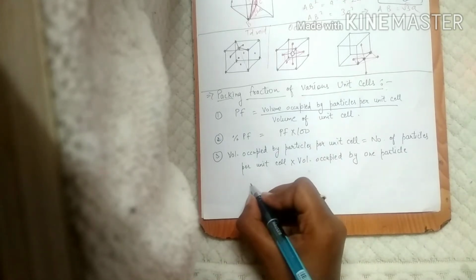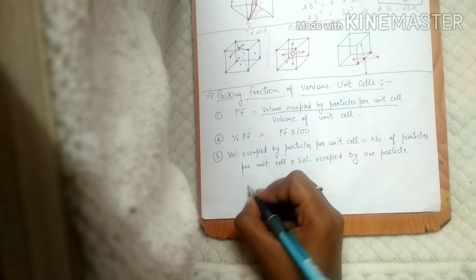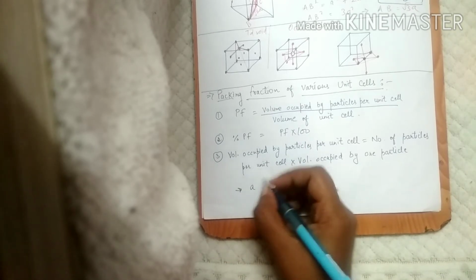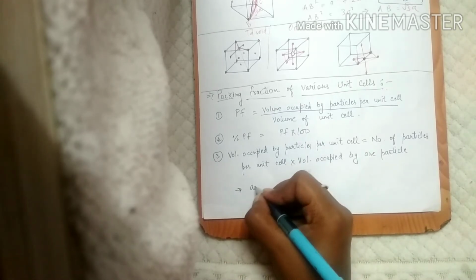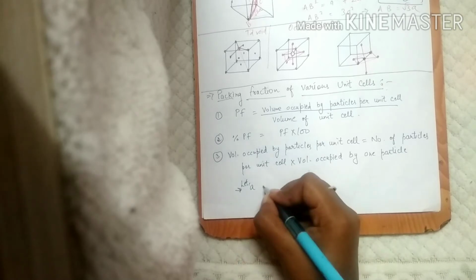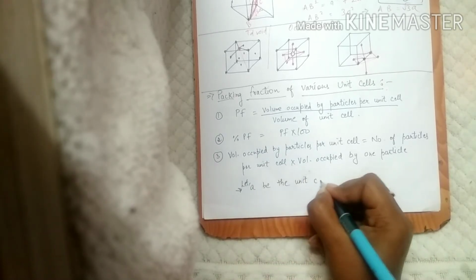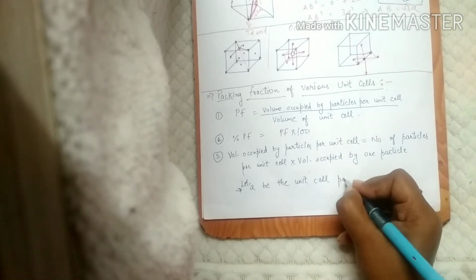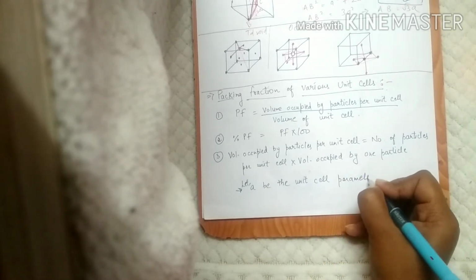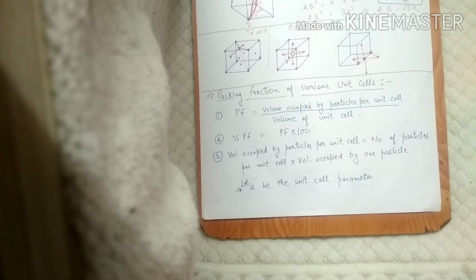So for a unit cell we are considering, let a be the unit cell parameter or the edge length, you can say.